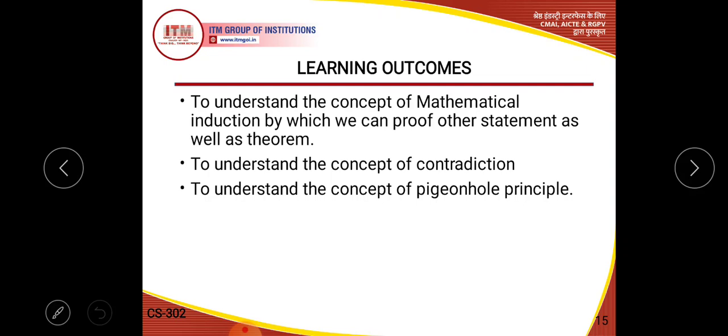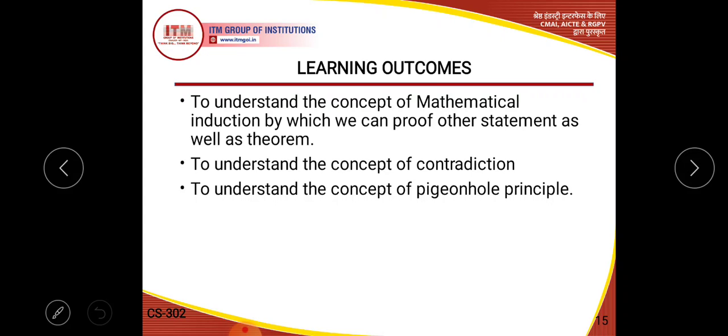From the second topic, we understood the concept of contradiction. It is also very helpful for proving some complex statements, complex theorems. This is another way of solving such problems. Now the third one, to understand the concept of the pigeonhole principle.